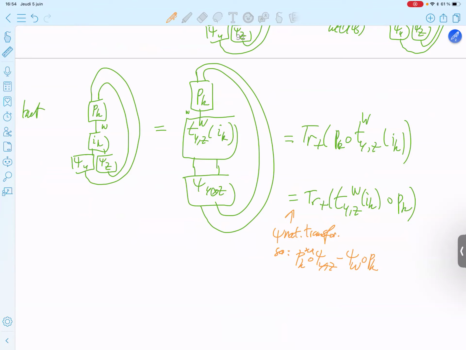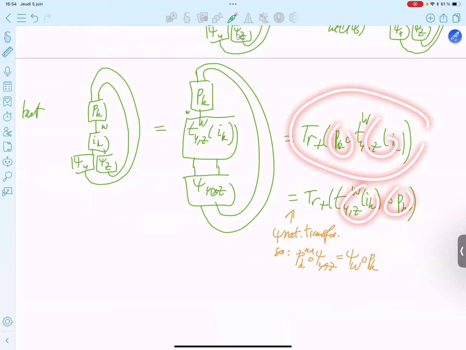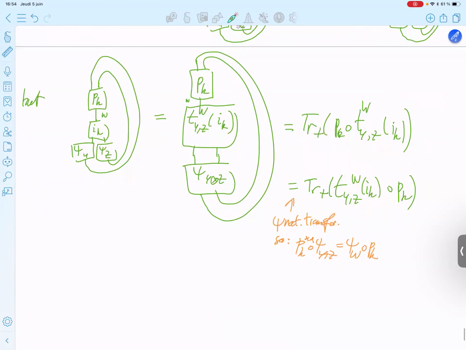This is natural transformation. So if you apply that in the formula for the trace, you get that you can permute the two like that. Okay.